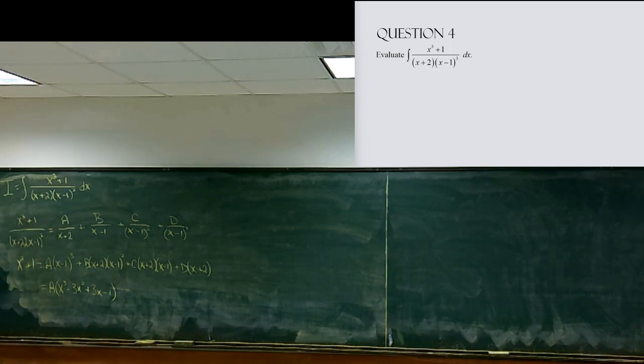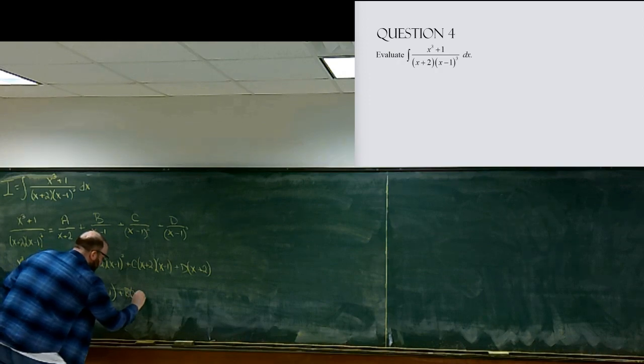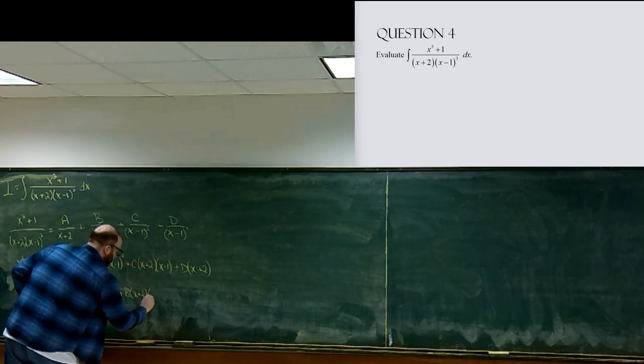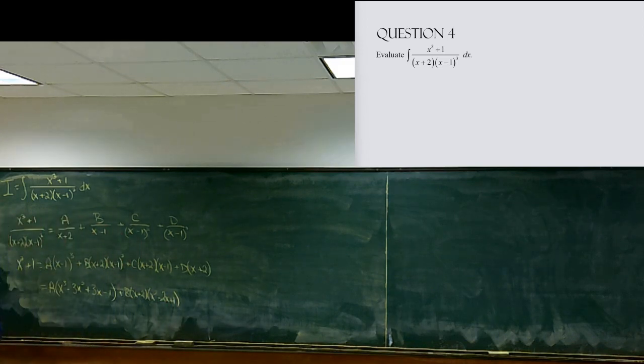x cubed minus 3x squared plus 3x minus 1. There's x minus 1 cubed. There's x minus 1 squared.